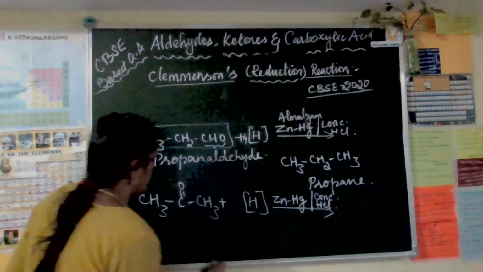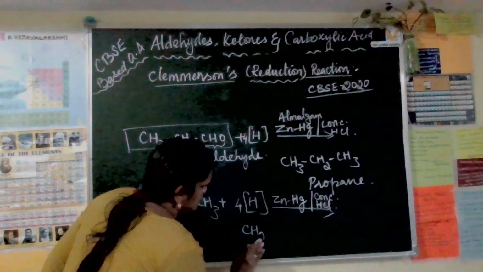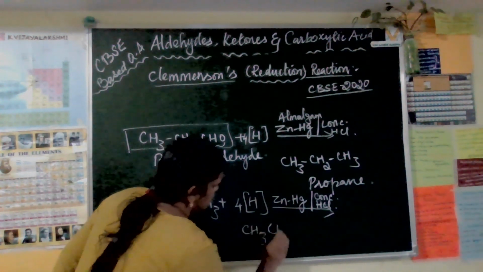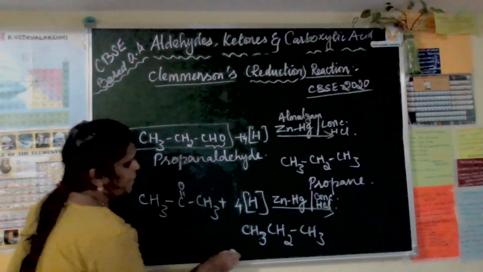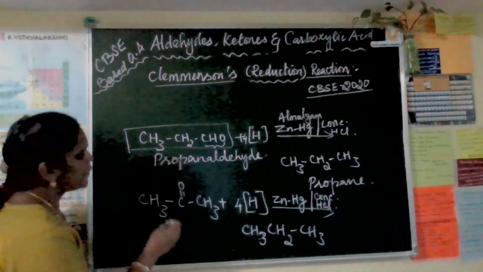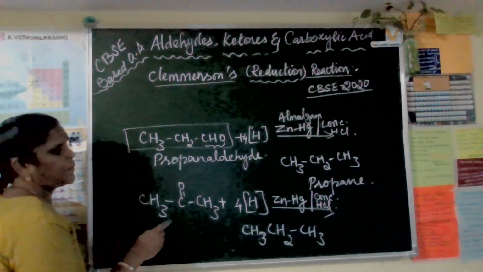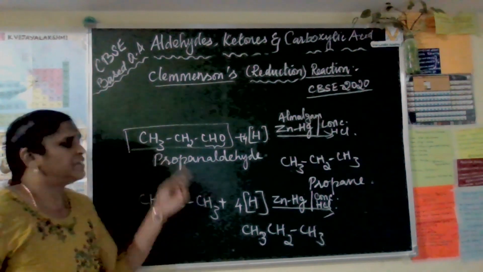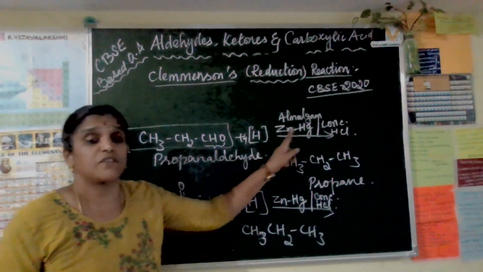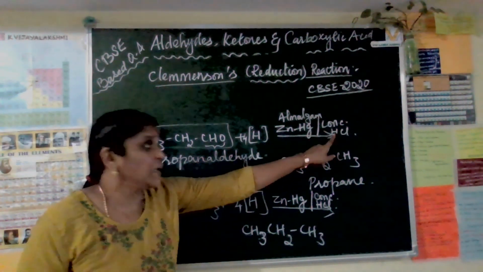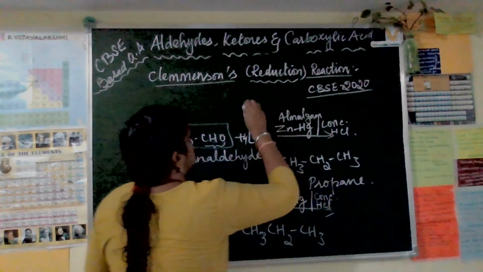You will get CH3CH2CH3, the same propane, and this is propanone. We can say acetone also, it's a common name. Aldehyde or ketone reduced in the presence of zinc amalgam in concentrated HCl gives alkane.